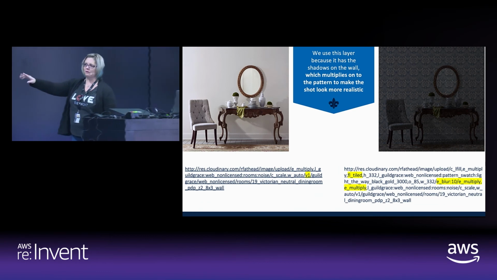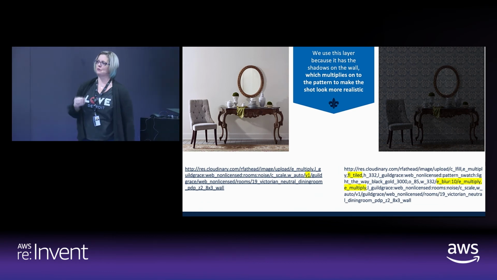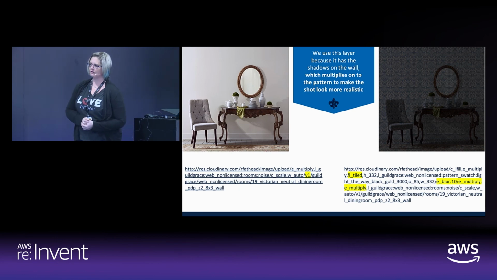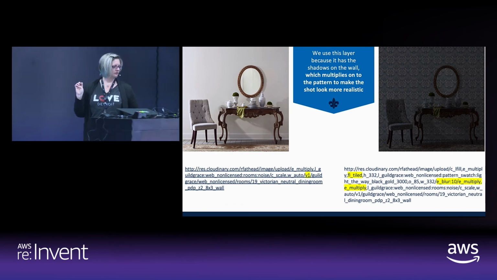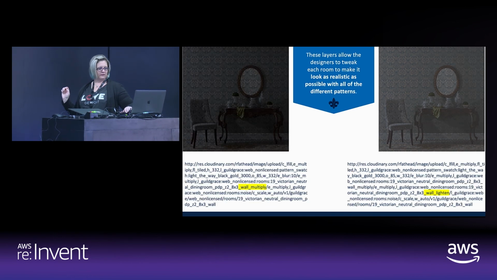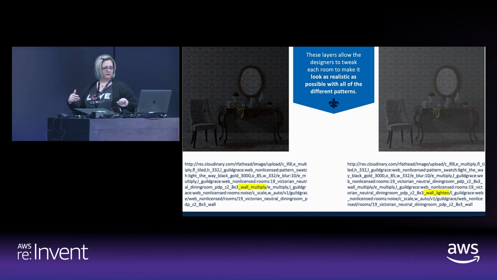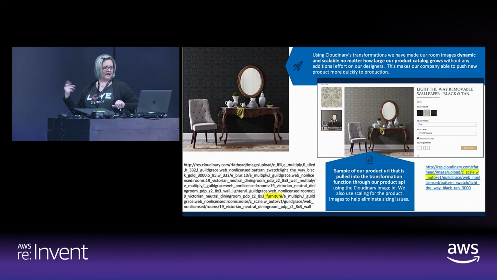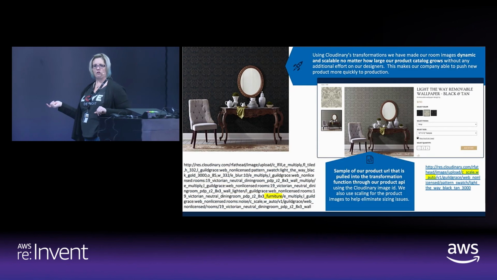So we start out with a room that's got all the shadows. That's the room image that our designers create. And then we tile in the product image. That can start out as just a 2x2 or a 4x4 simple image. And then we add a lighten. And then finally, we add the furniture back.